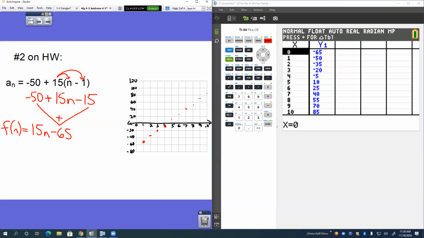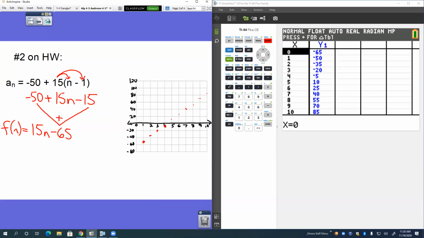Remember, we don't connect the dots. It is discrete. This is an arithmetic sequence. That's why it is forming a straight line. But again, what we wanted to do to make this into slope-intercept form is distribute and then add together our like terms.